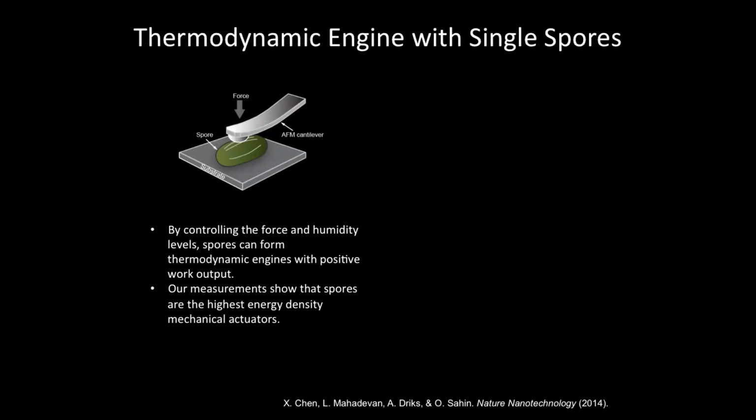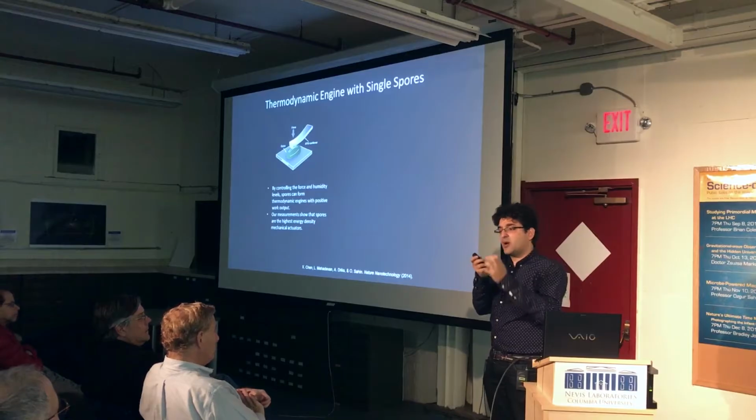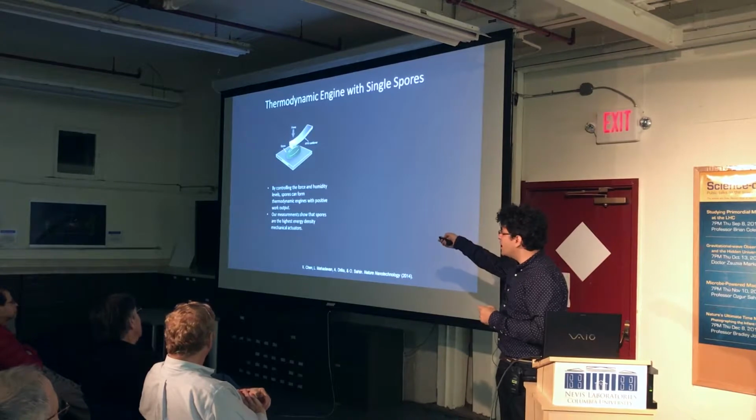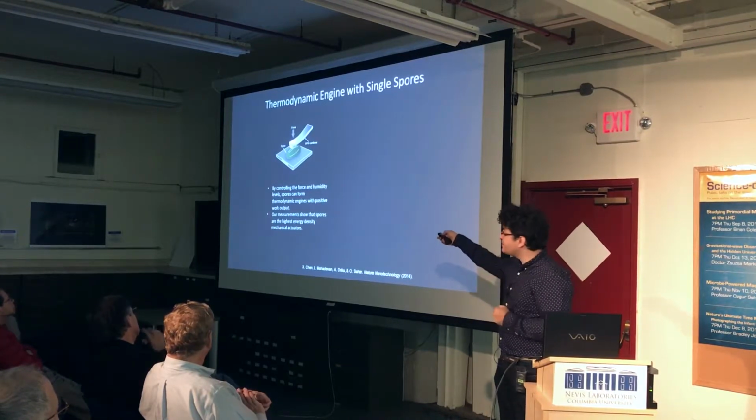So we used our atomic force microscope again. We repurposed it, this time to apply some force to the spore. You can imagine the spore as a really tiny sponge. Imagine that it has little pores and cavities in it, but they're really small, close to atomic dimensions. And this sponge behaves in a unique way. It can absorb moisture and get bigger.